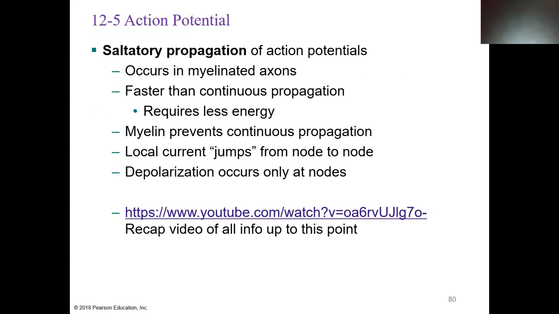So saltatory propagation will occur in myelinated axons because the myelin is kind of like the jetpack. It is what is going to allow that information to move a whole lot faster. So not only will this move faster, this is also going to require less energy. So that's good for body purposes, right? It doesn't take as much energy to actually make this happen.